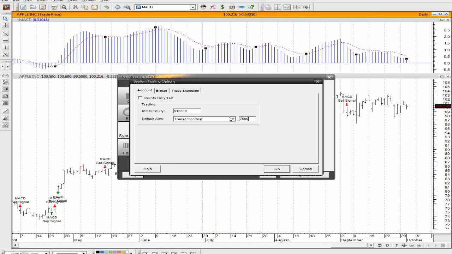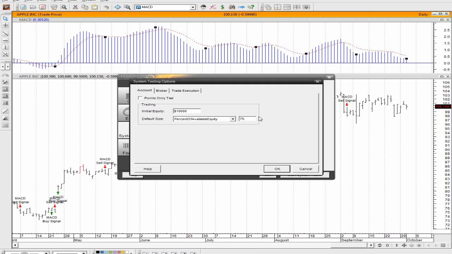And then the other option is percent of available equity. So I'm going to put that as 75, and that just means that when we start our initial test to compare the different trading systems, we're going to trade 75% of the equity we have. So our first trade is always going to be $7,500, and the software will automatically calculate how many shares it would buy to get to $7,500, and then buy that many.